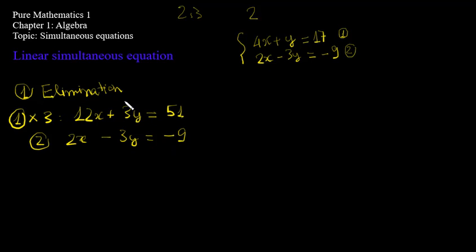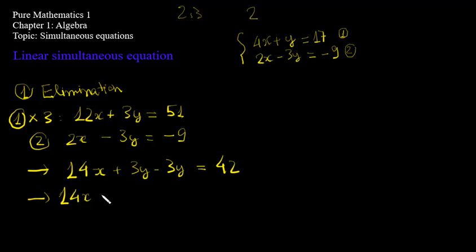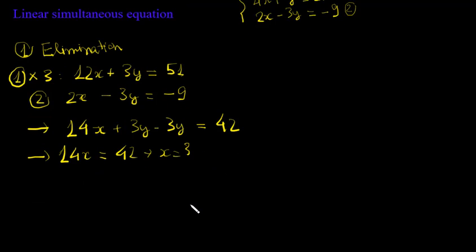When I add them, I have 14x plus 3y minus 3y equal to 42. So 14x equal to 42, and x will be 3. If we have the value of x, we know that 4x plus y equal to 17.